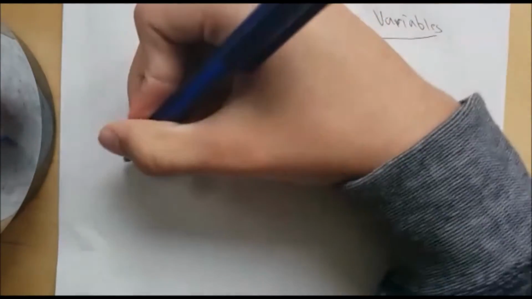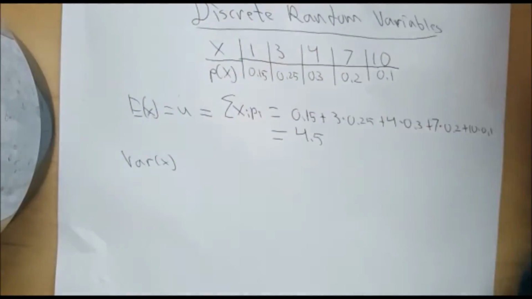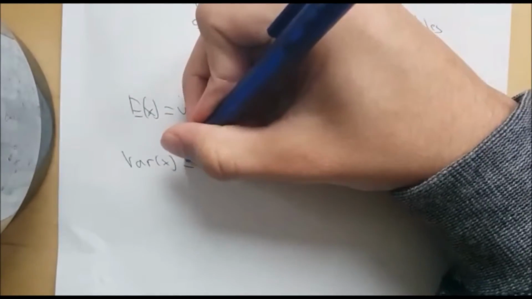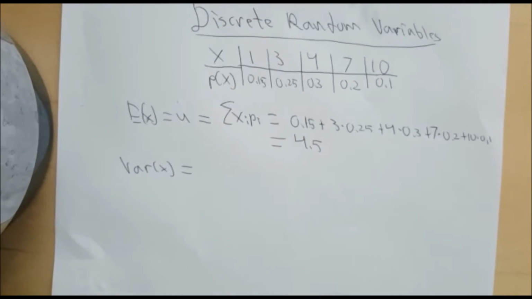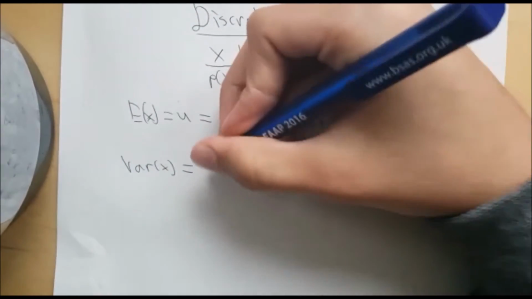Now the variance, once again, the only difference is that instead of dividing it by amount of terms, you multiply by the probability. So once again, there are two different versions, and the second one is easier to use. I'm still going to give you both of them.